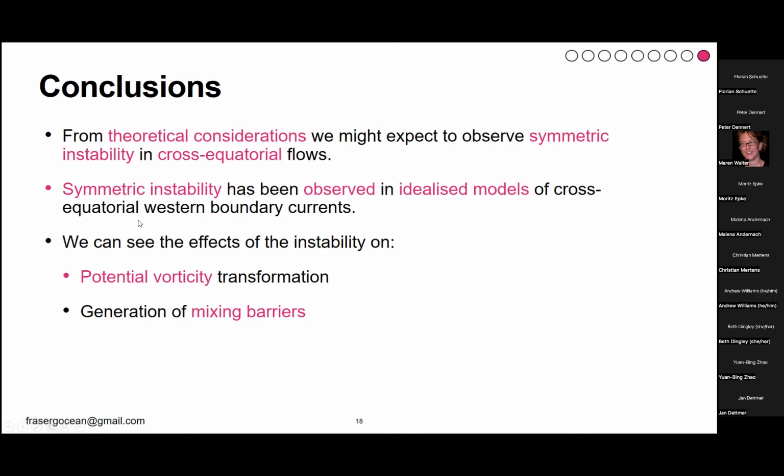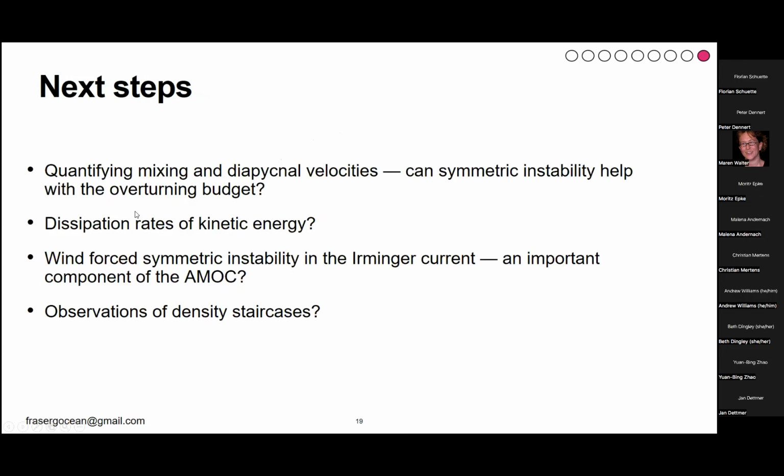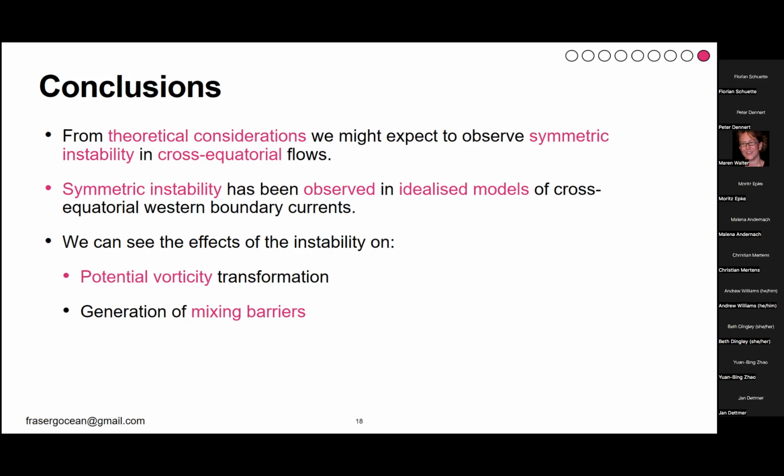We've made a lot of assumptions, but I guess they have the three key ingredients which we need to see symmetric instability, which is the change in sign of planetary vorticity at the equator and the conservation of potential vorticity. That's what we need to be able to excite symmetric instability, and we've seen that.